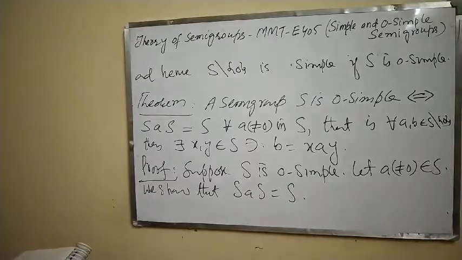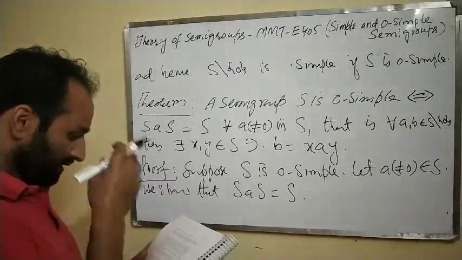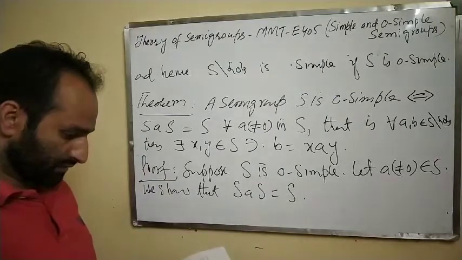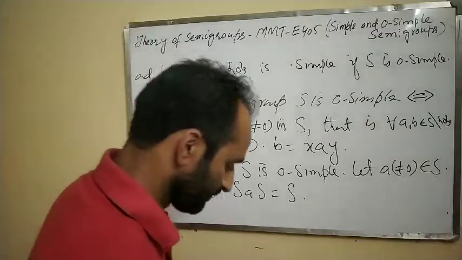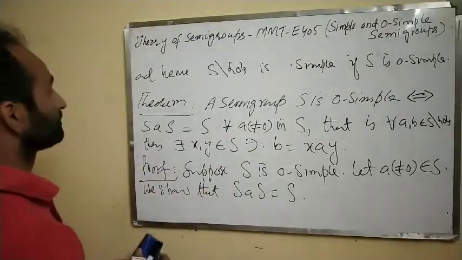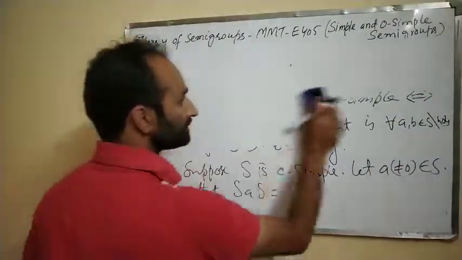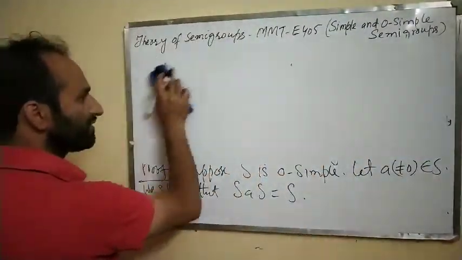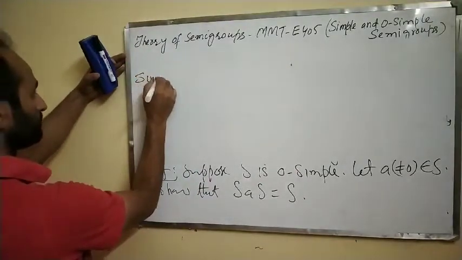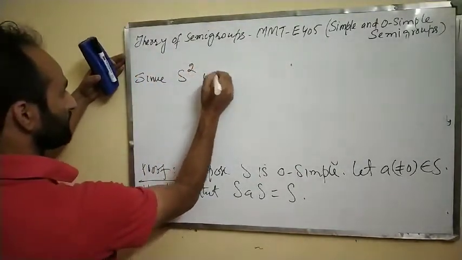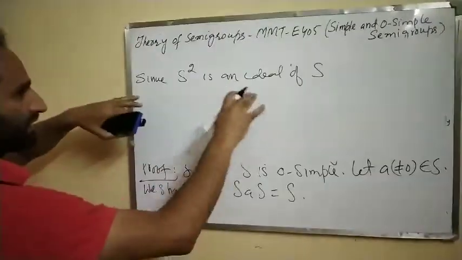Since S is a 0 simple semigroup, S square is an ideal of S. You can easily verify it yourself, it's very simple to verify.